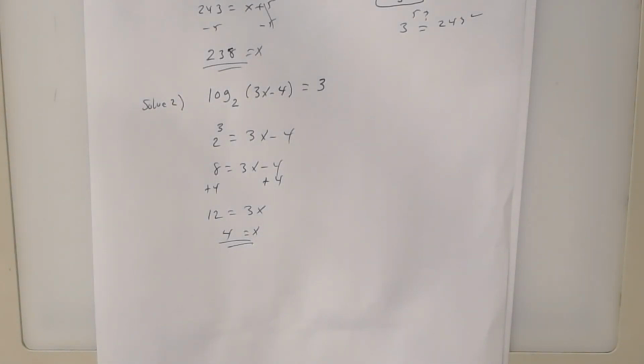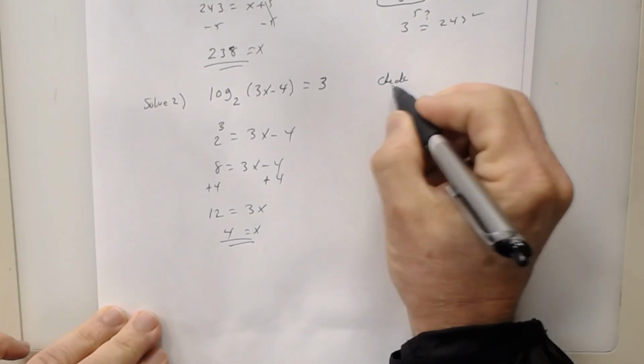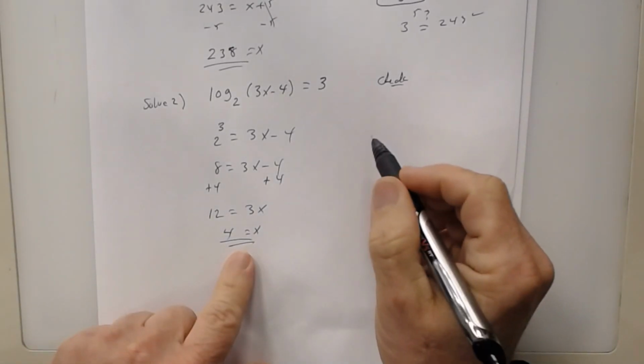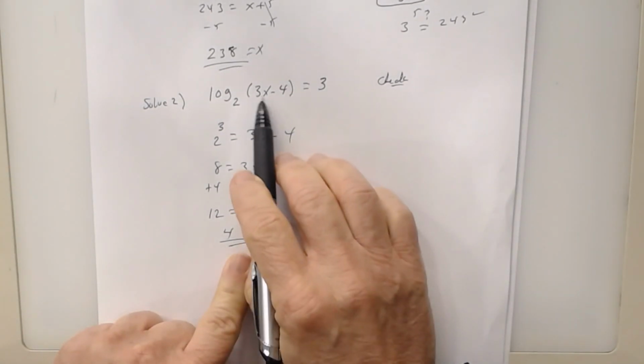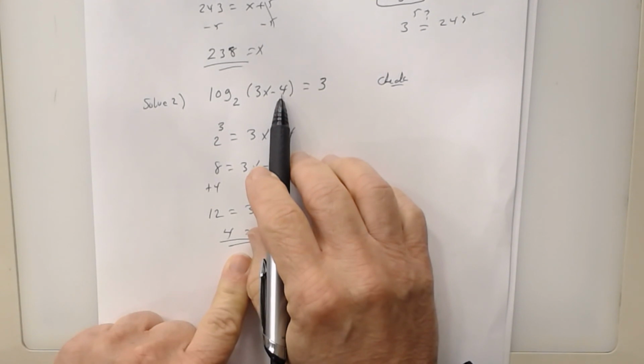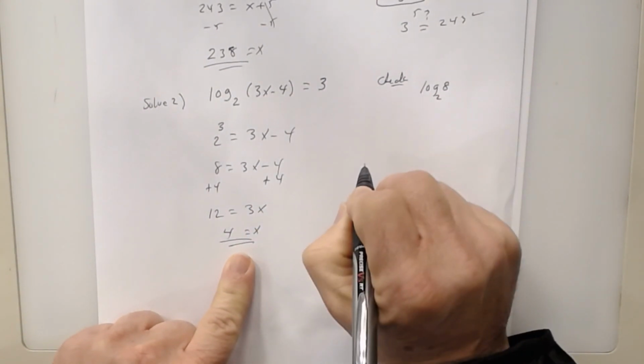And we can check it using the base change formula. The one on your test you can check very easily. It will look like this. So if x is 4, what's 3 times 4? 12 minus 4? 8. So I have the log of 8 base 2.